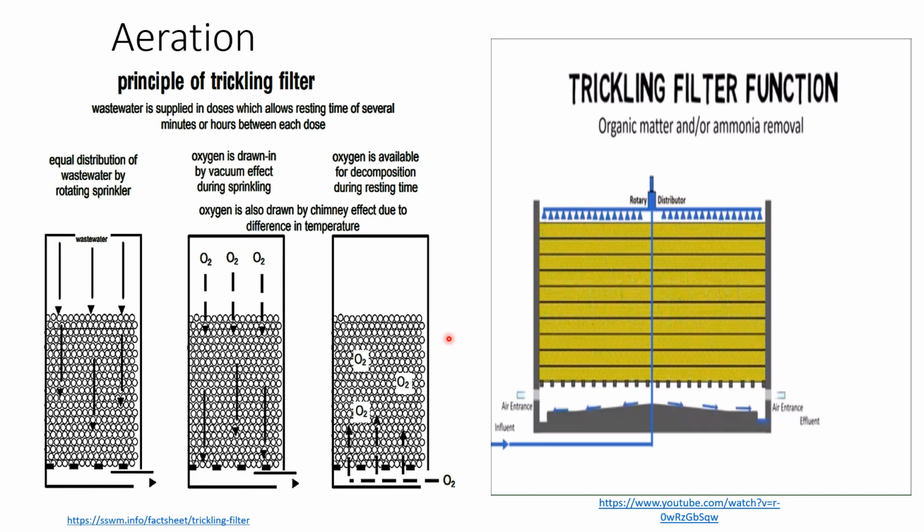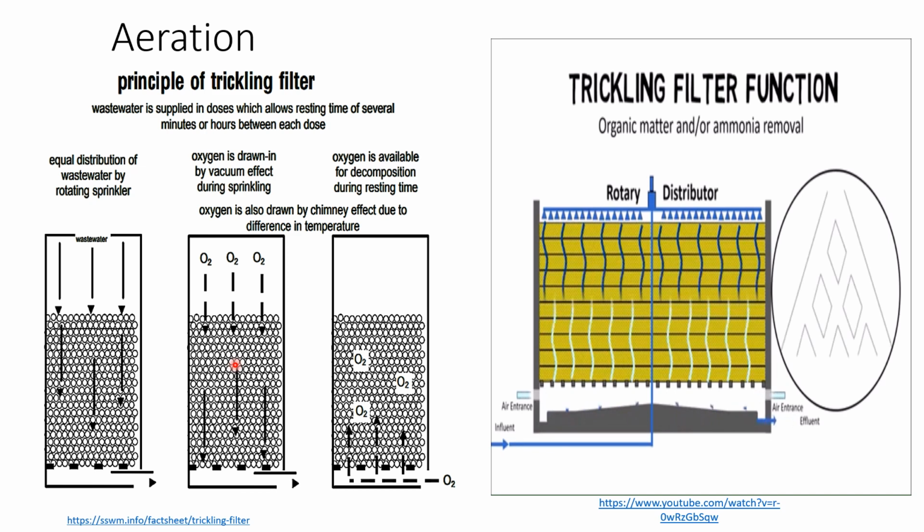The second is that oxygen is supplied to the trickling filter due to temperature differences, the temperature difference between the sewage water and the surrounding. If the temperature in the sewage is low compared to the temperature in the surrounding, then air is sucked into the trickling filter. The vice versa happens when the temperature outside is low and the temperature in the sewage is high.